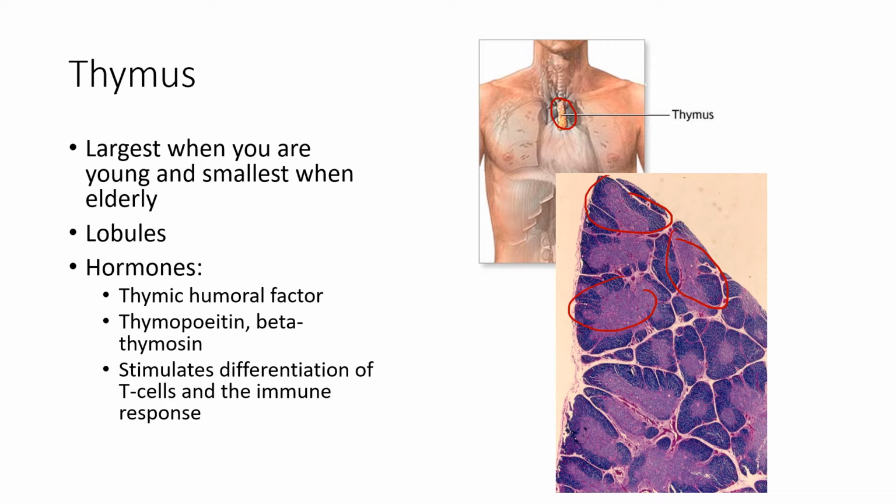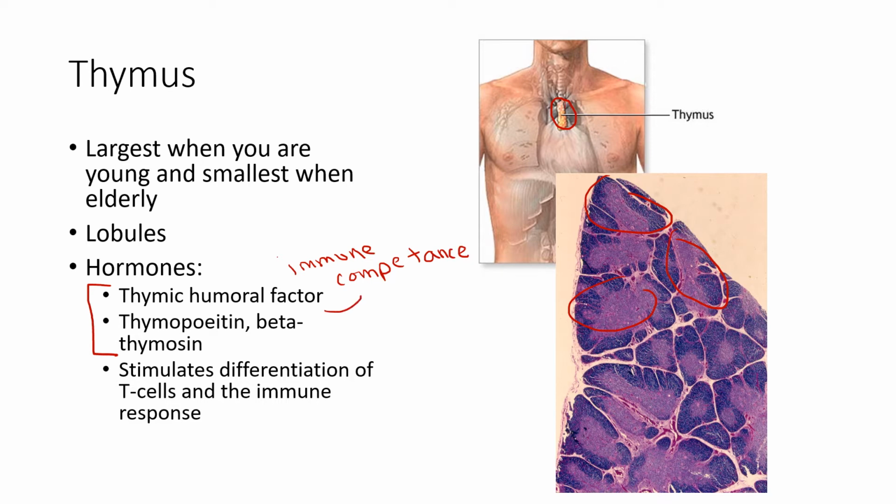We've talked about the thymus before when we talked about the endocrine system, and those are the hormones that it does release. But what I want you to take from this is that these hormones in particular are going to help with something called immune competence.